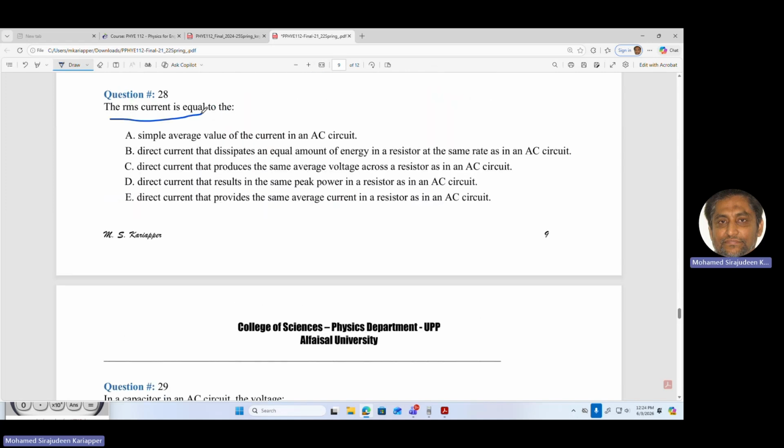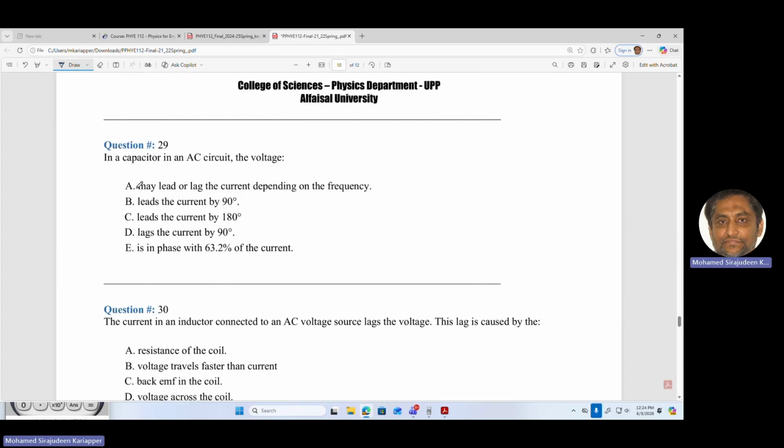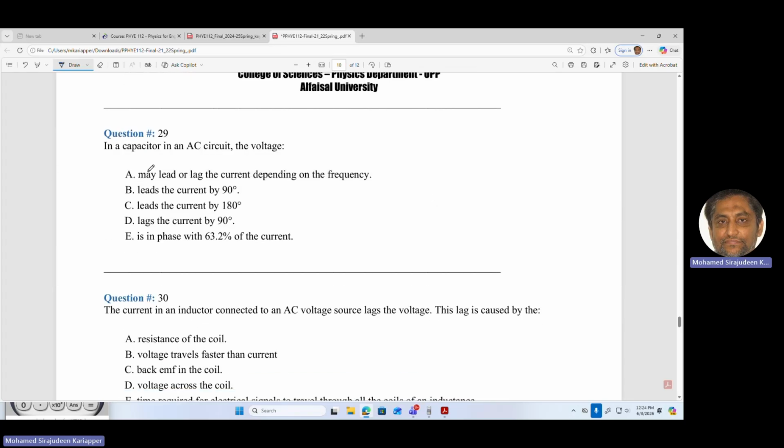Okay, the RMS current is equal to the direct current that dissipates the equal amount of energy in a resistor at the same rate, that is how you get the RMS value. Number 29, in a capacitor in an AC circuit, the voltage lags. Yes, capacitor lags by 90 degrees.